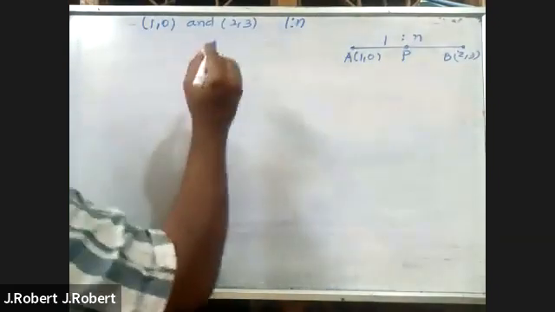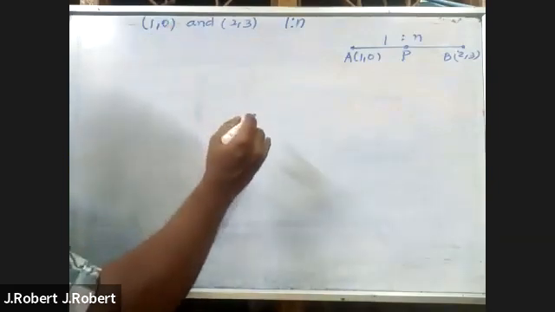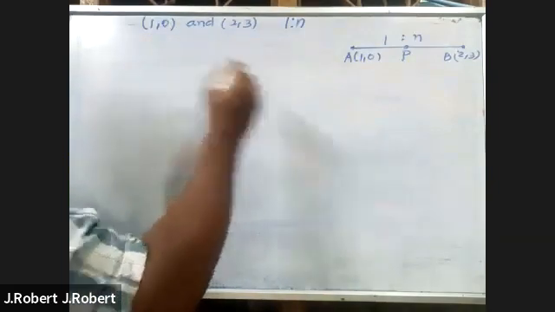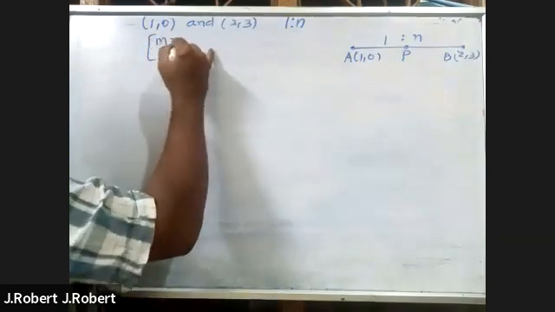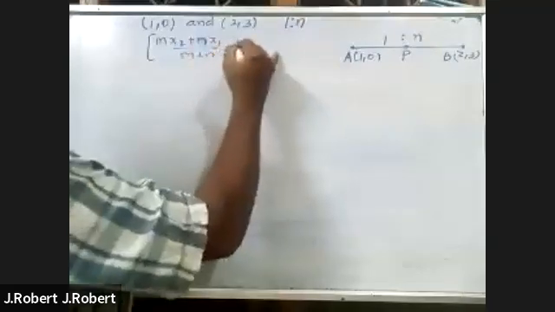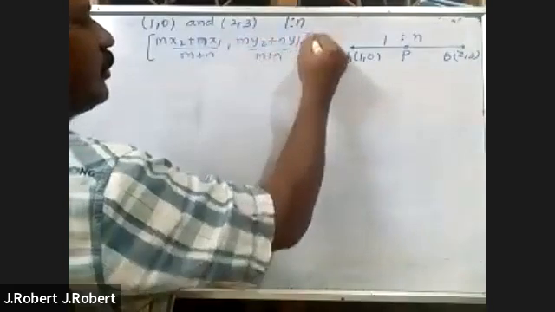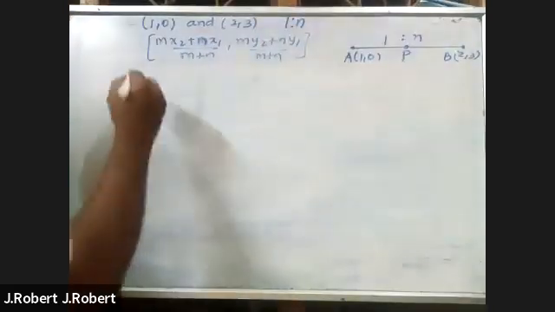So what is the formula? The section formula says that the point which divides the line AB in the ratio m:n is (mx2 plus nx1) divided by (m plus n), comma, (my2 plus ny1) divided by (m plus n). We all know that, so we are using the same thing.